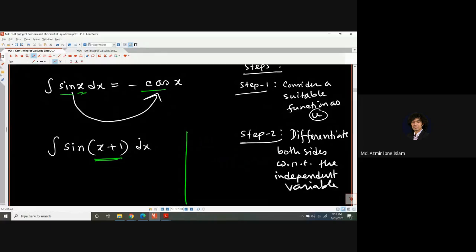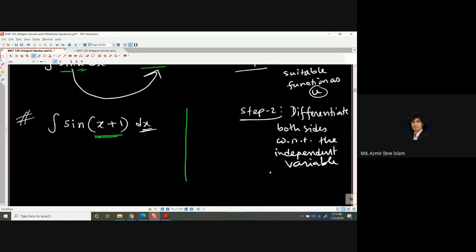Independent variable means, you can have a look here. In your main problem, you have been asked to find the antiderivative, or solve this integral with respect to x. So x is our input or independent variable.